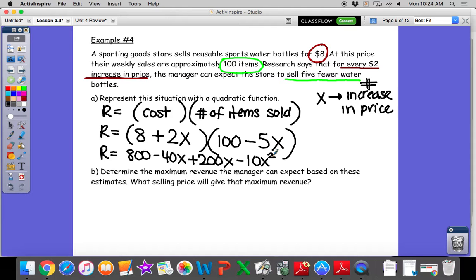I can also simplify this, so I'll rewrite this as revenue equaling, in the proper order, negative 10x squared first. I'll put my x values together to get positive 160x. And we have plus 800, which is our constant.